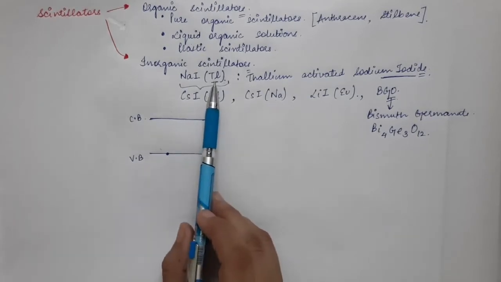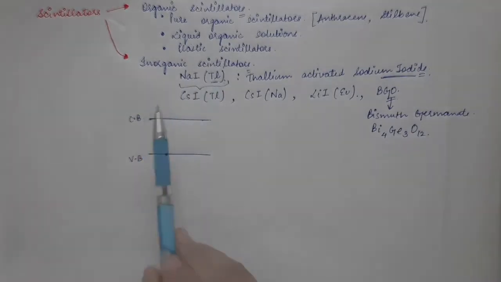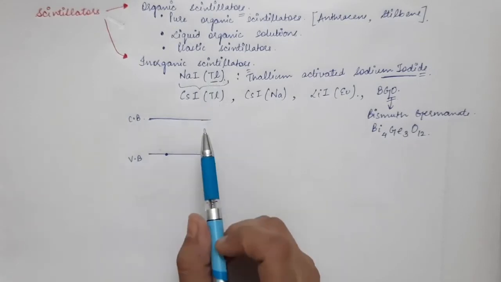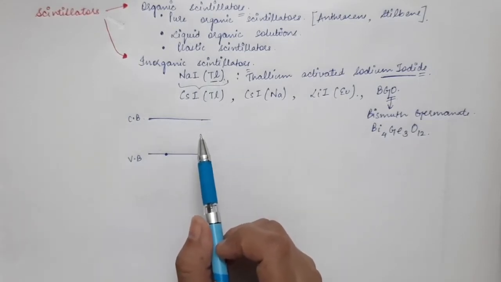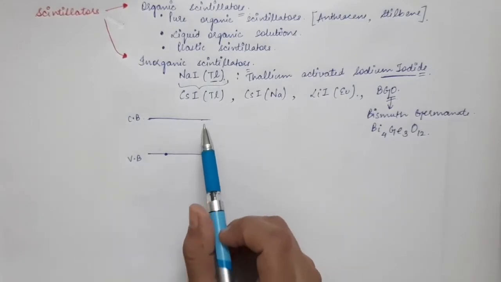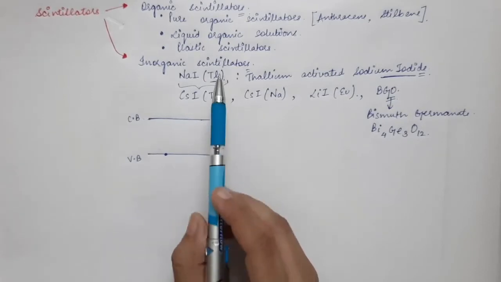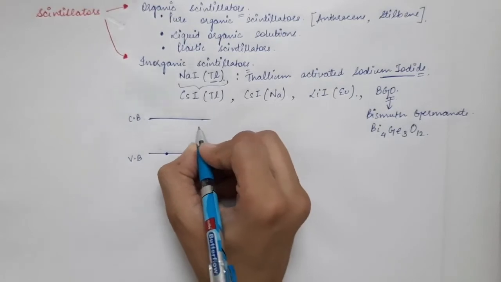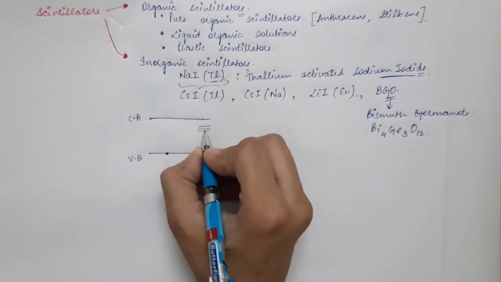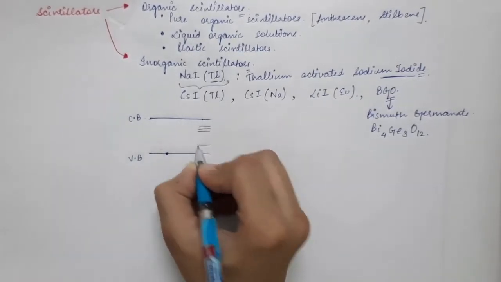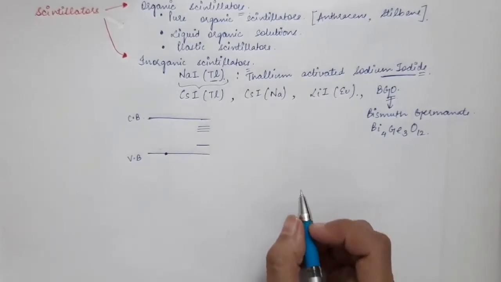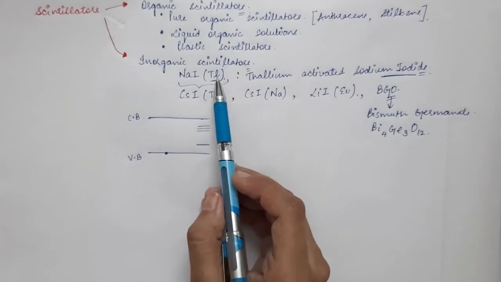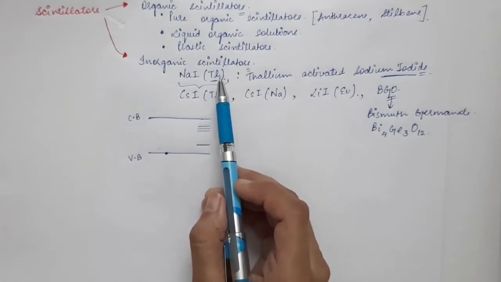So we add thallium as impurity. Now what is the purpose of this thallium? This thallium introduces extra energy states in between the conduction band and the valence band. These energy states are those of thallium, and thallium is called the activator over here.